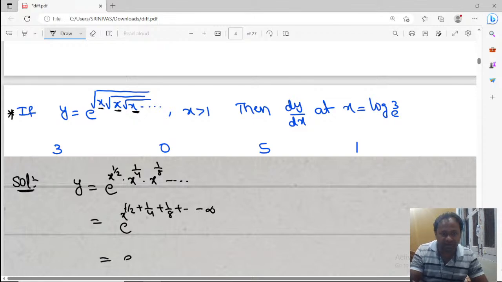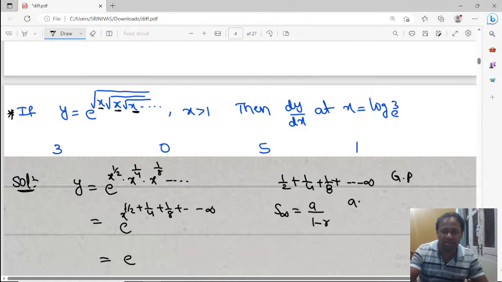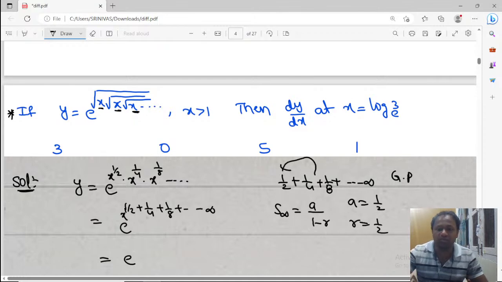So that is equal to e power, we have 1 by 2 plus 1 by 4 plus 1 by 8 plus and so on up to infinity. It is the GP. What is the formula? S infinity is equal to a by 1 minus r. Here a is equal to 1 by 2, r is the common ratio 1 by 2.